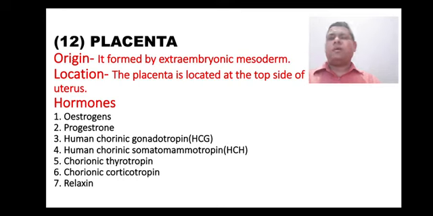Placental relaxin causes relaxation of the ligaments of the pubic symphysis, and towards the termination of the pregnancy it softens and widens the opening of the cervix, the lower part of the uterus, for easy childbirth, and this process is known as parturition.